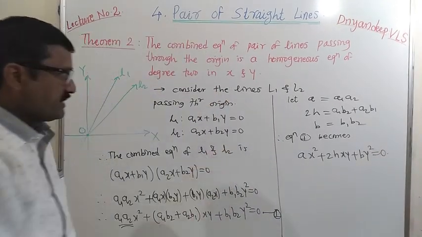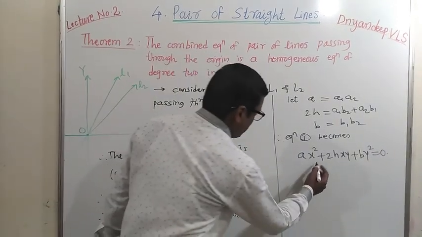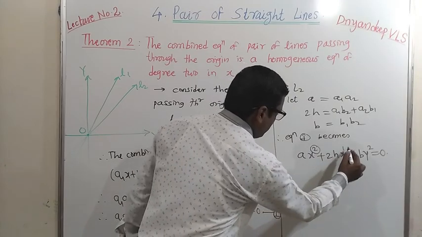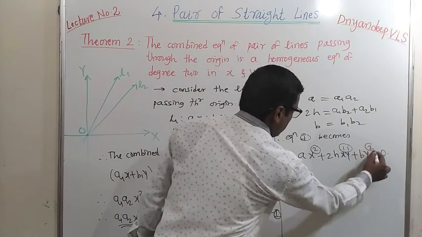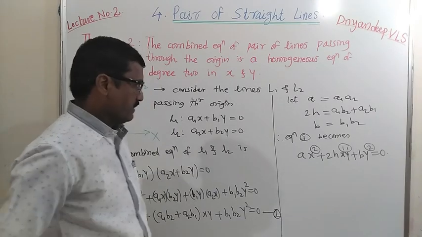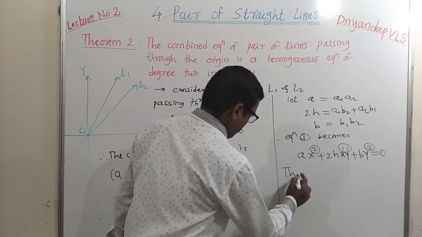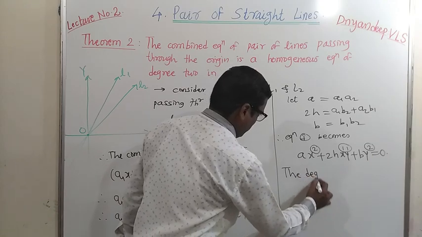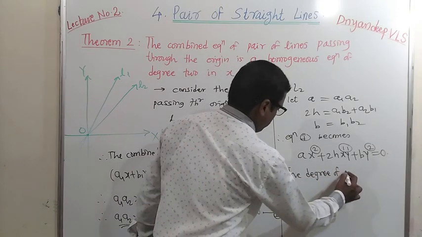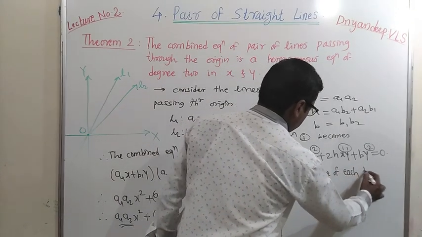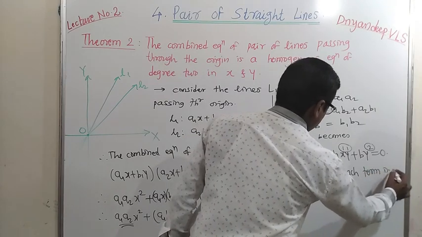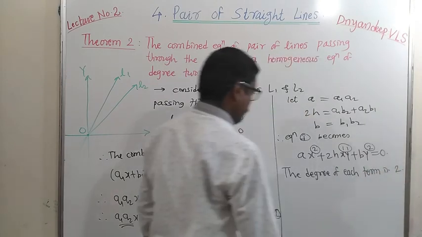And if you observe this equation, the degree of this term is 2, the degree of this term is also 2, and the degree of this term is 2. Here the degree of each term is 2.